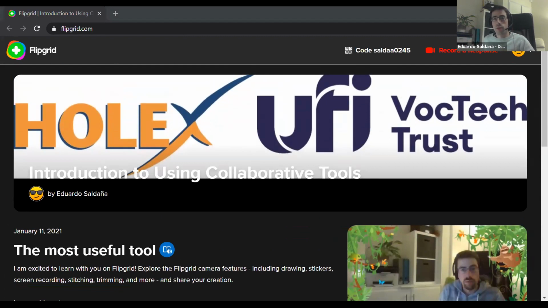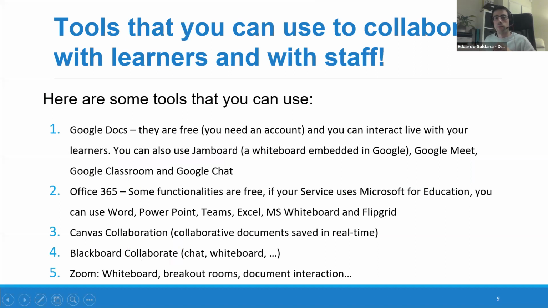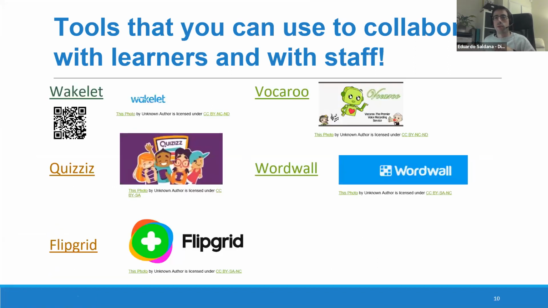The next tool I would like to talk about is, obviously we're talking about recording video. The next one I'm going to talk about is for those learners that really don't feel confident about recording video, or if you don't want them to have a login, like in Flipgrid, you don't want to just load them with more emails with links where they need logins.